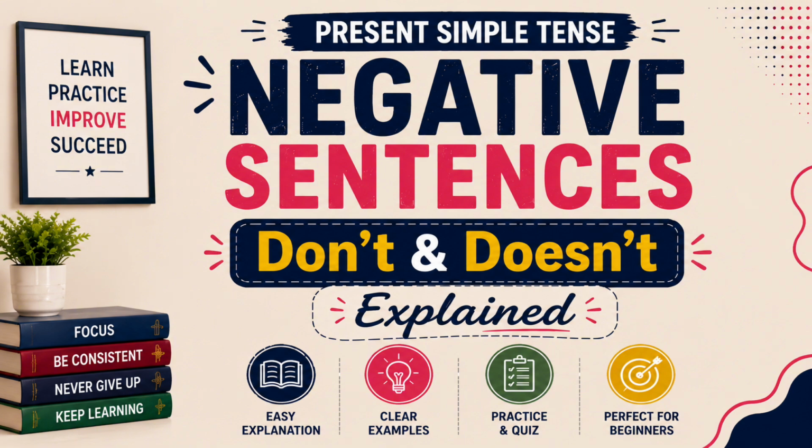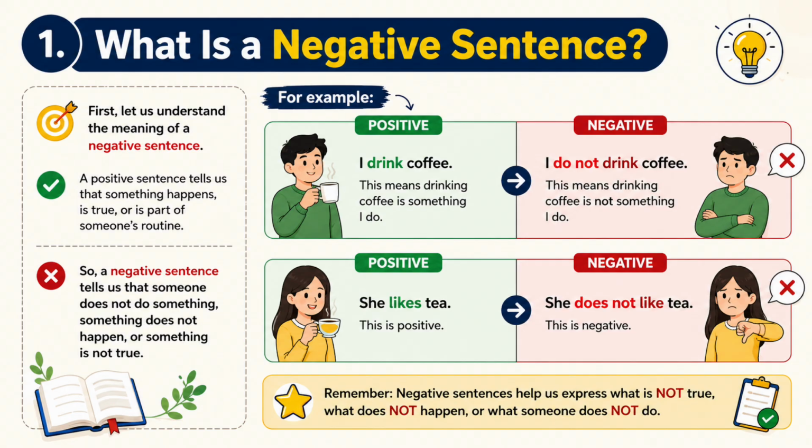By the end of this lesson, you will clearly understand when to use don't, when to use doesn't, why the main verb returns to its original form, how to change positive sentences into negative sentences, the common mistakes learners make, how to use negative sentences in everyday English. So stay with me until the end because we will also have a practice exercise and homework challenge.